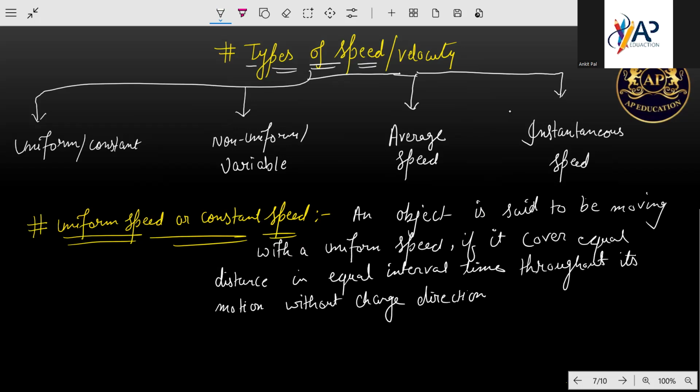Listen, I will explain uniform motion with the help of a graph. Suppose this is a graph, it is the x-axis and it is the y-axis. This point is the origin 0, 0.